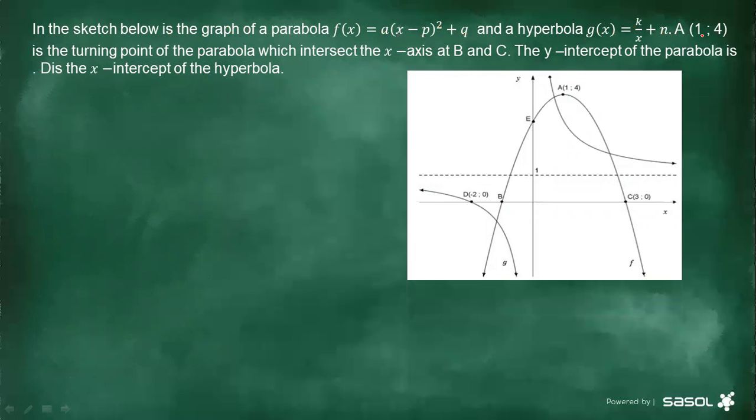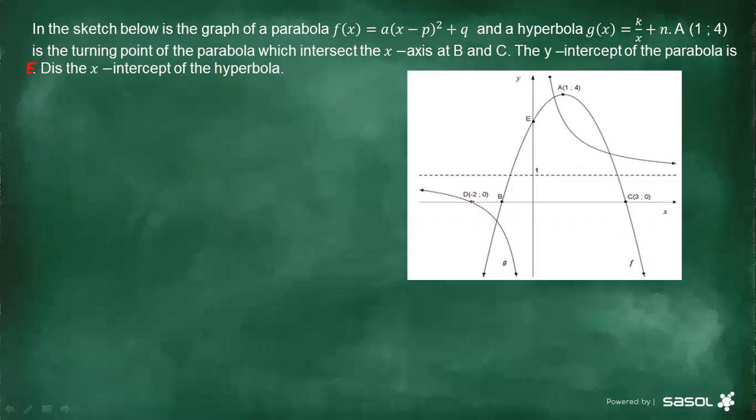A is 1:4, the turning point of the parabola, which intersects the axis at B and C. The y-intercept of the parabola is D, and therefore not D. Actually, it's supposed to be E: the y-intercept of the parabola is E, and D is the x-intercept of the hyperbola.